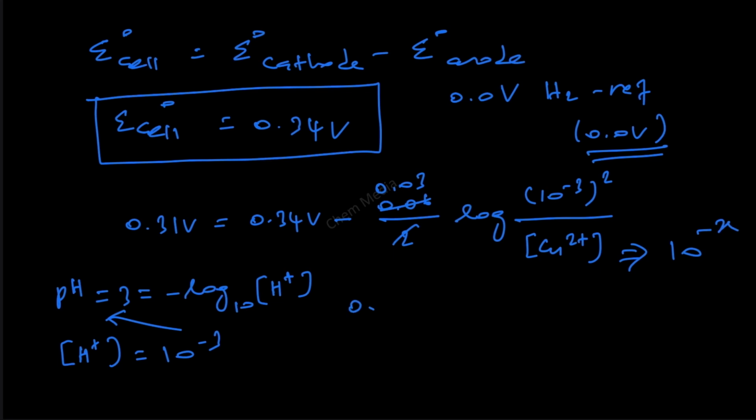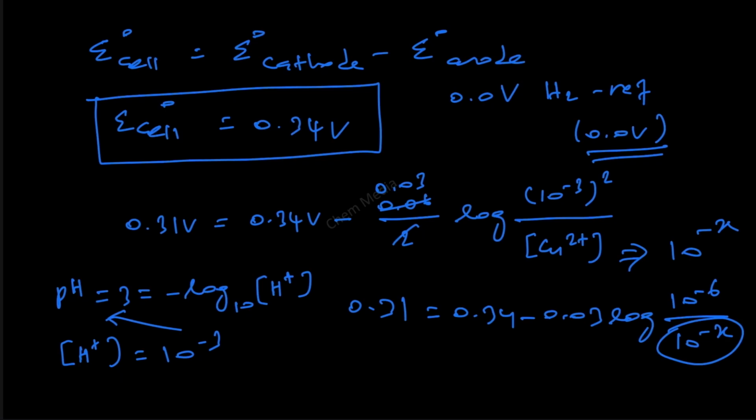So 0.31 is equal to 0.34 minus 0.03 times log 10 to the power minus 6 divided by 10 to the power minus x. If we bring this one up, it would become positive.